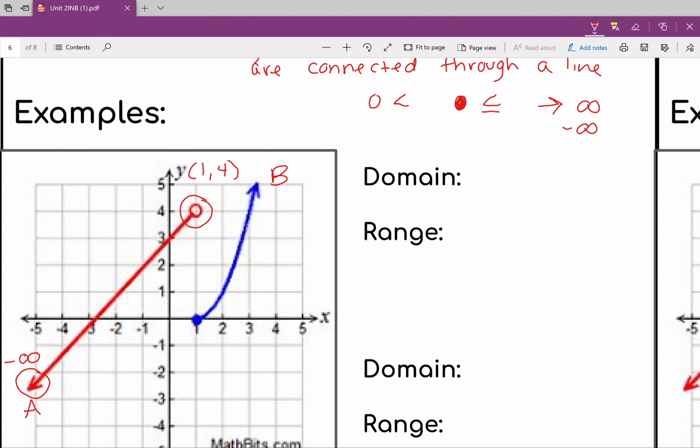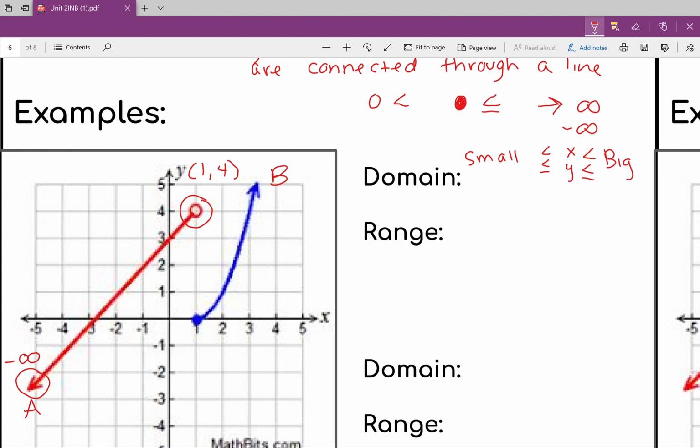For the domain, we're always going to put the smallest number first. Then we're going to choose a symbol, either less than or less than or equal to. Then we choose x or y, depending if it's domain or range. And then the other symbol, and then the big number.